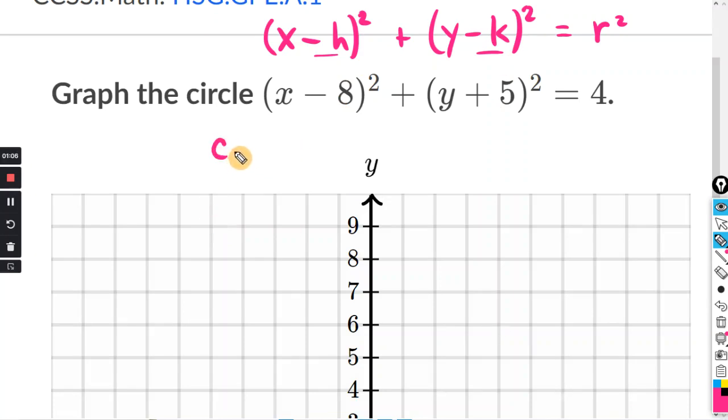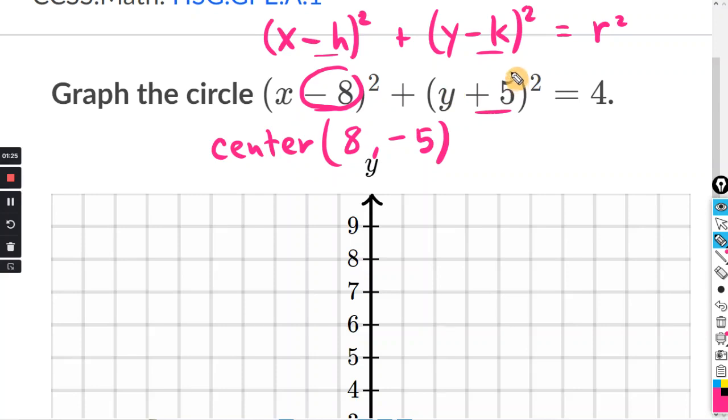So the center, instead of negative 8, the x-coordinate is going to be positive 8. And instead of positive 5, the y-coordinate is going to be negative 5. Again, just change the plus minus sign right here, and that will give you the coordinates for the center.